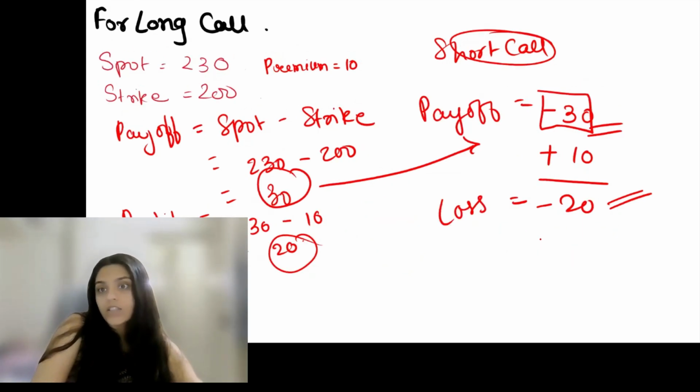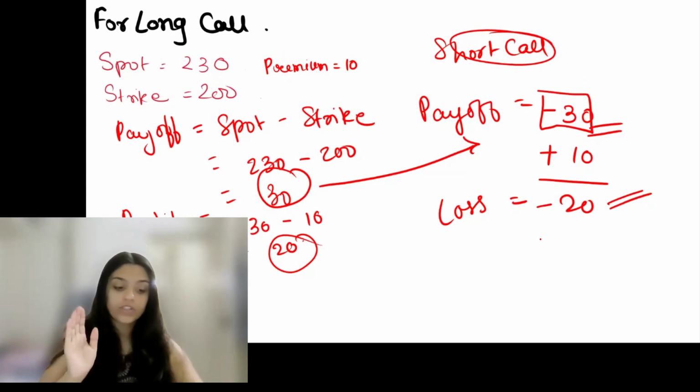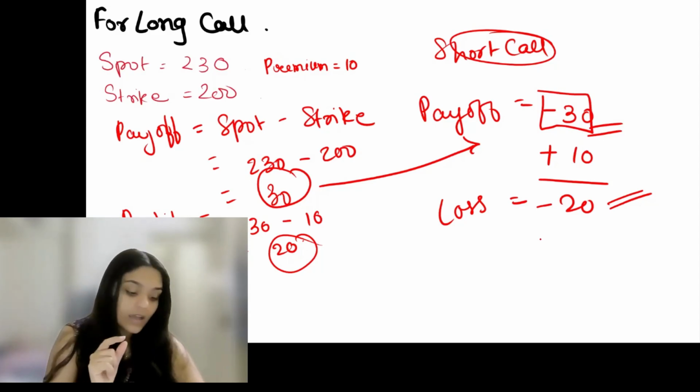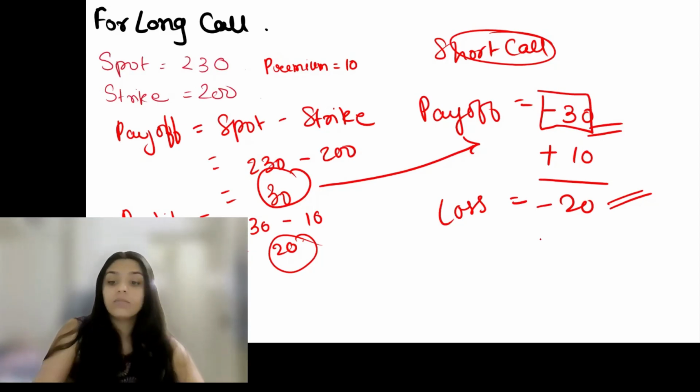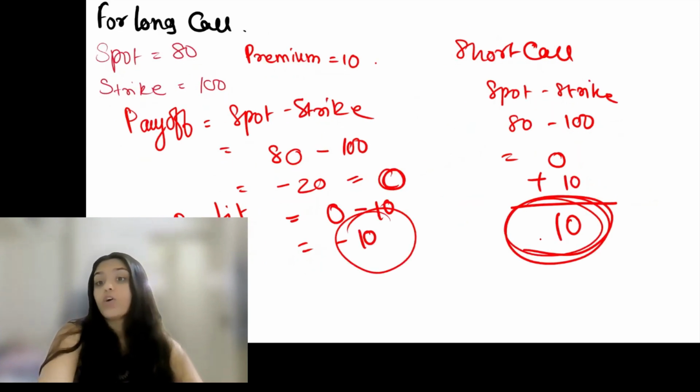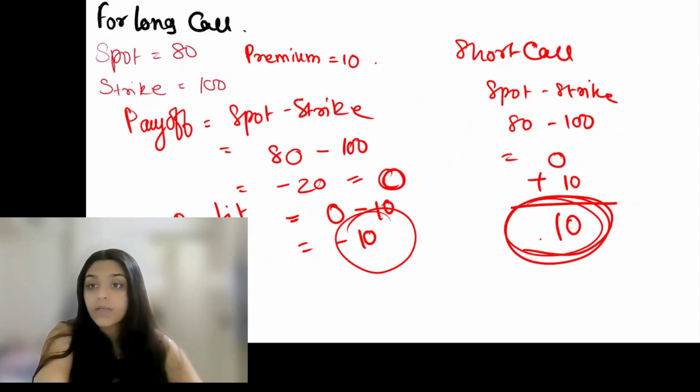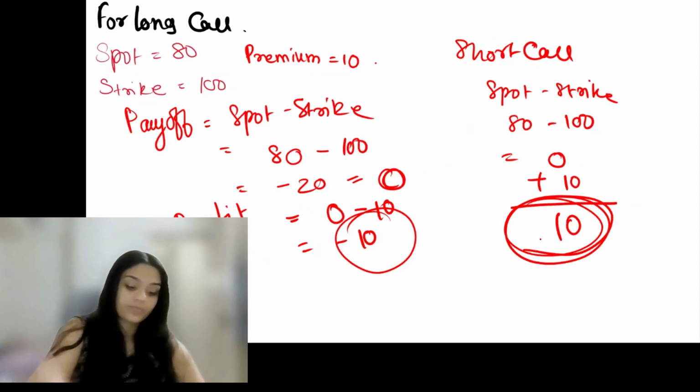In the last video, we saw that the maximum profit of a long call position holder is unlimited. If you don't remember or want to revise, just go back to that video. See here it is 20, and so it can be anything more than 0. It is unlimited. But the maximum profit for a short call position will always be the premium he has received.